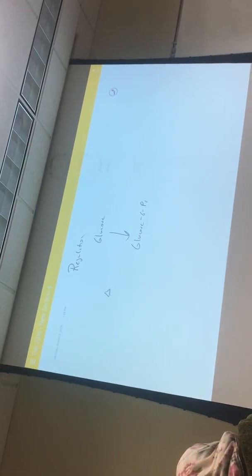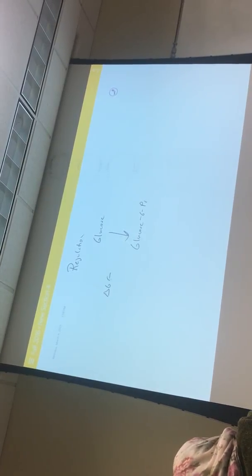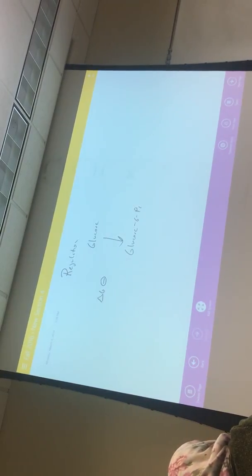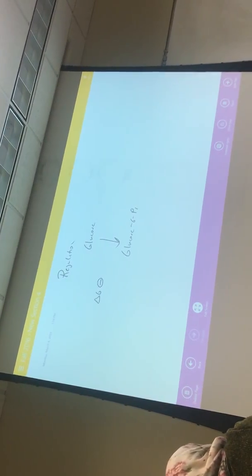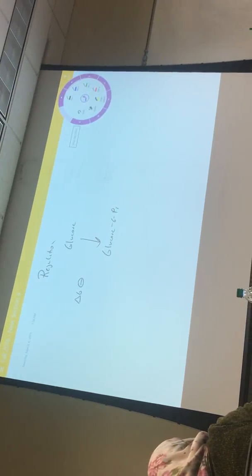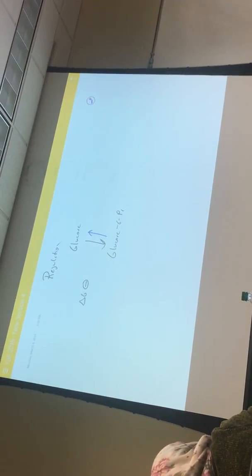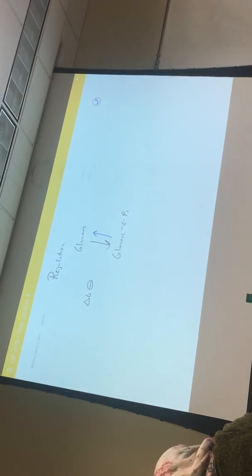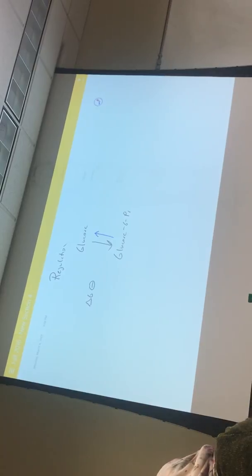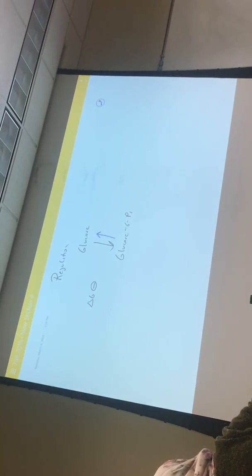And like we said, delta G of this, very negative. And if we have the reverse process going on, that is negative too. So our first reciprocal regulation is controlled by the concentration of glucose 6-phosphate.